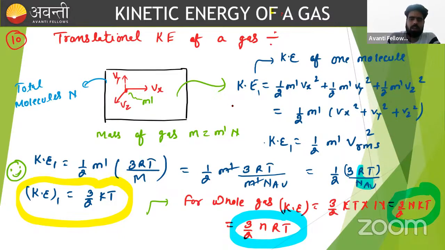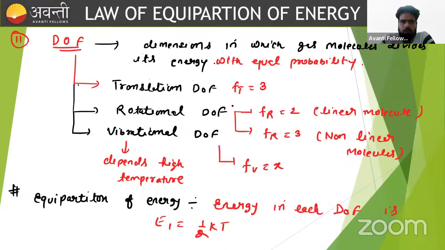Because gas molecules are continuously in motion, they must possess some translational kinetic energy, and by virtue of rotation, rotational kinetic energy. If the gas is at a very high temperature, vibrational kinetic energy is also involved. We have to keep this in mind.